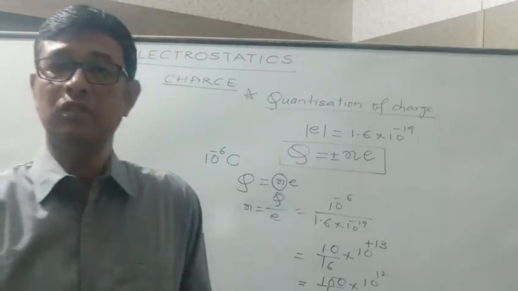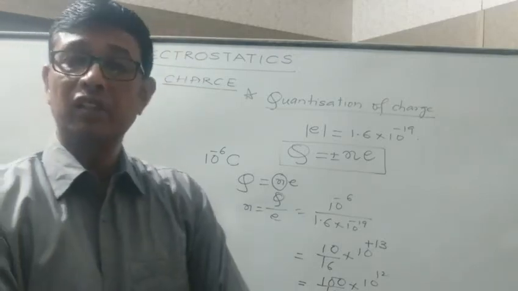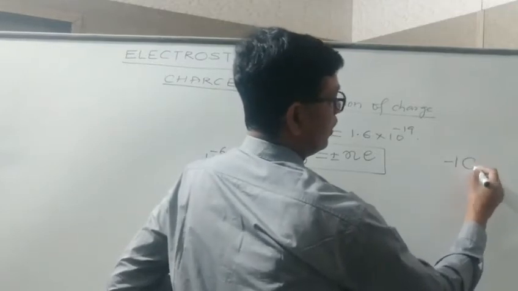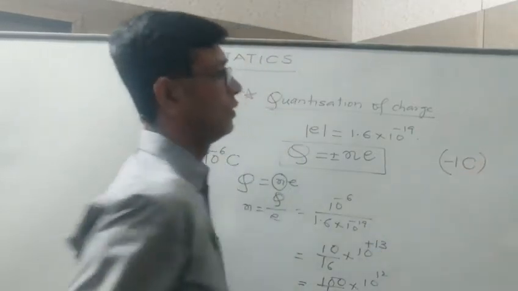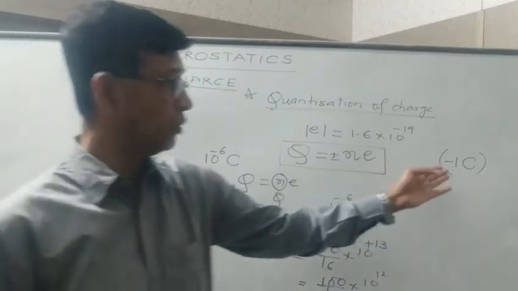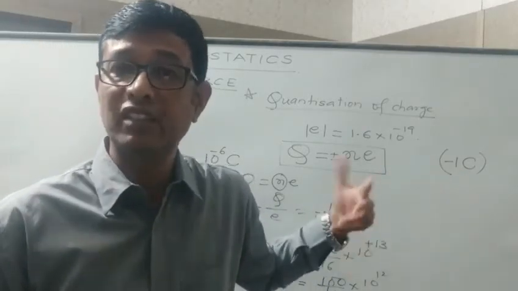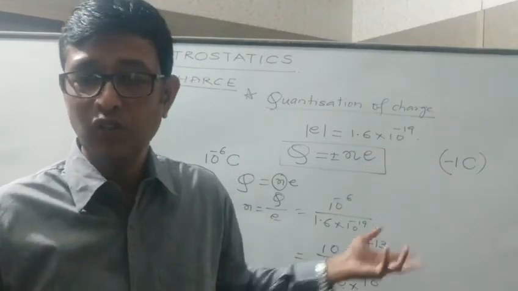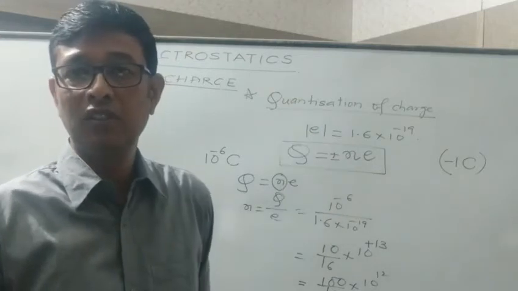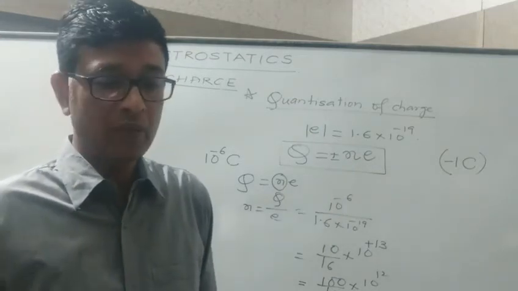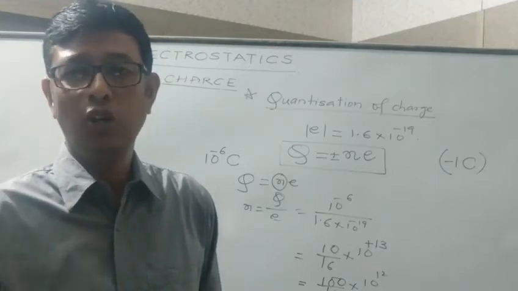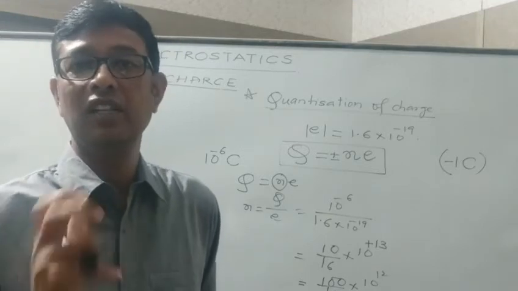Suppose a body is having a negative charge of 1 coulomb. What do you mean by this? Obviously, since the body has a net negative charge, it must have an excess of electrons. Can you count the number of excess electrons residing in that particular body? Again, my question is, if a body possesses a charge of minus 1 coulomb, how many excess electrons are present in that body?